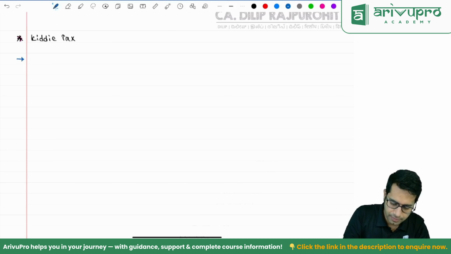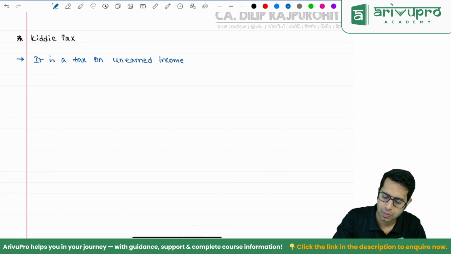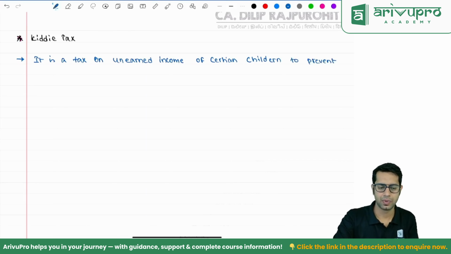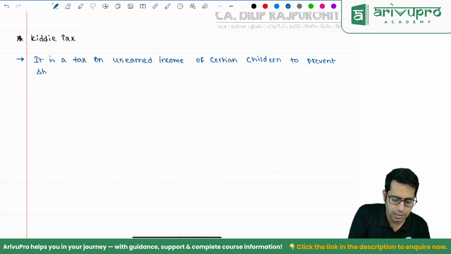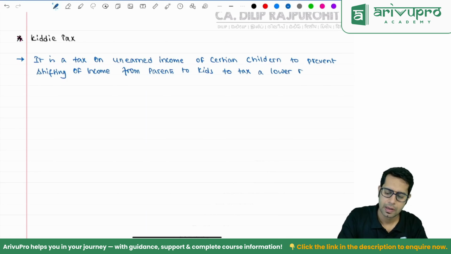What does this Kiddie tax mean? It is a tax on unearned income of certain children, to prevent shifting of income from parents to kids to tax at lower rates.